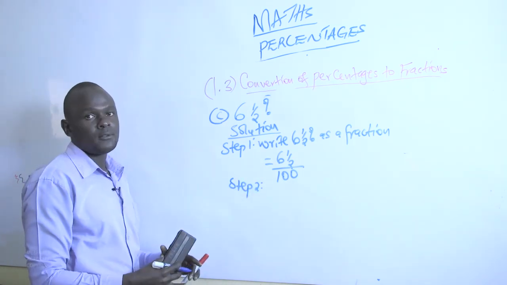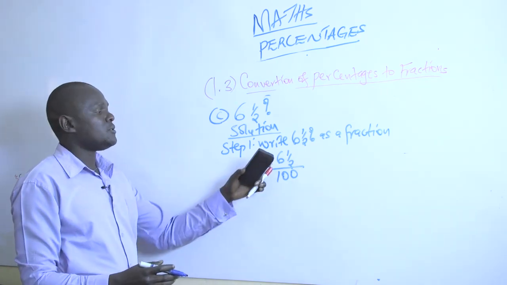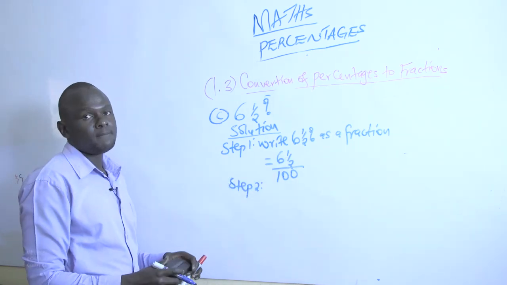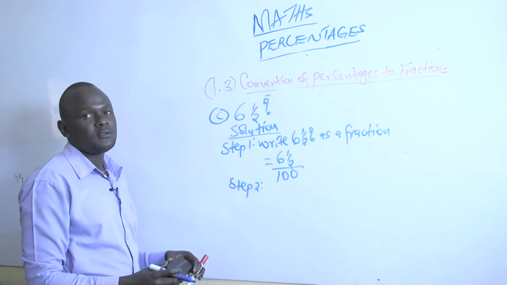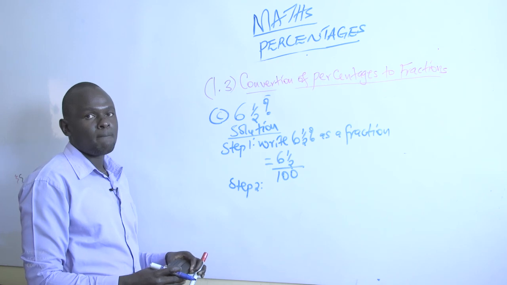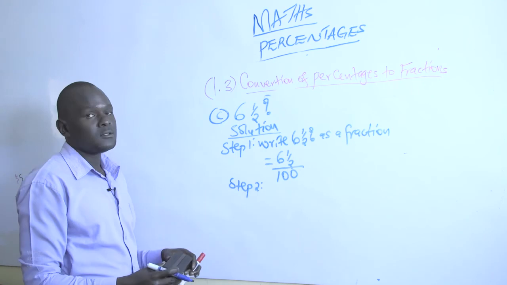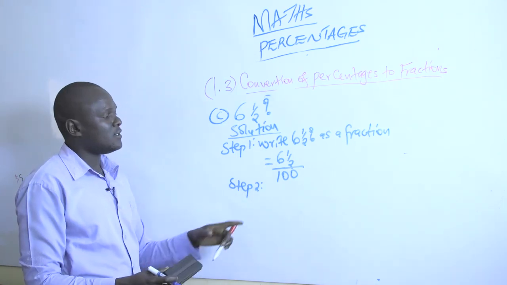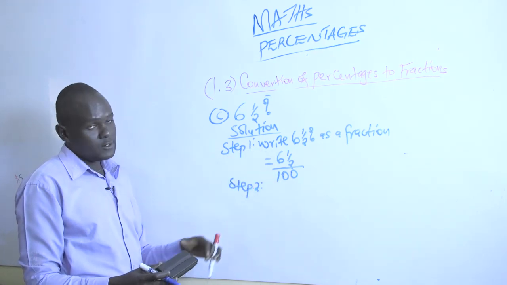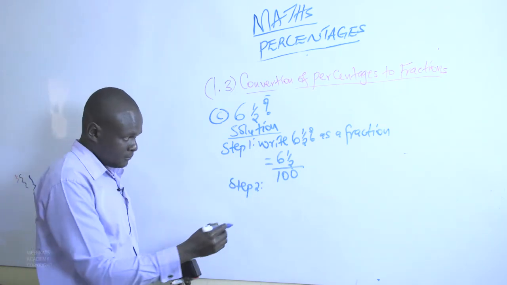The second step this time round will not just be simplification of this particular fraction, because remember our numerator here is a decimal number. To make it a whole number, we can decide to double the numerator, and the same should be done to the denominator, so that we have a whole number as the numerator.